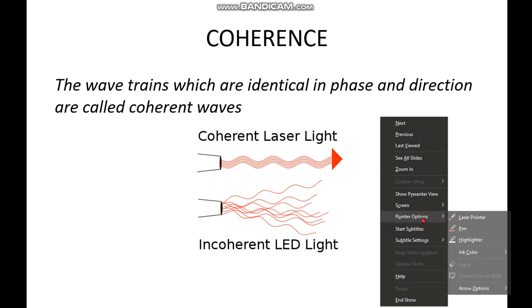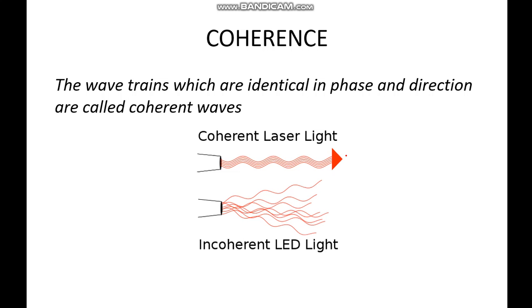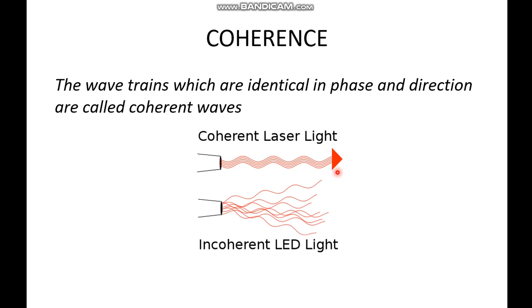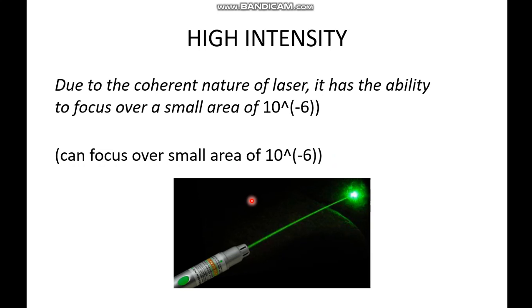Let me mark here on the screen. This is the coherent laser point, and this is the ordinary incoherent LED light. So laser is always coherent, it will always travel in a straight path, although it's in the form of a wave, not like LED light which spreads out everywhere.